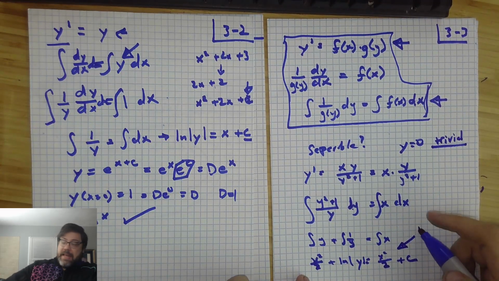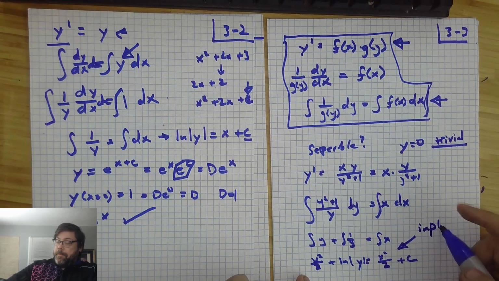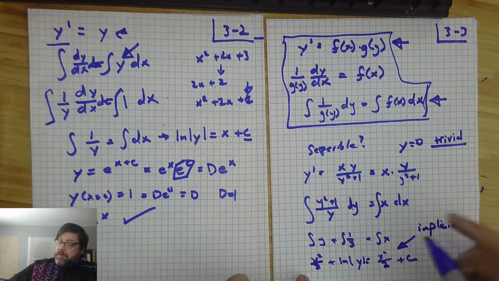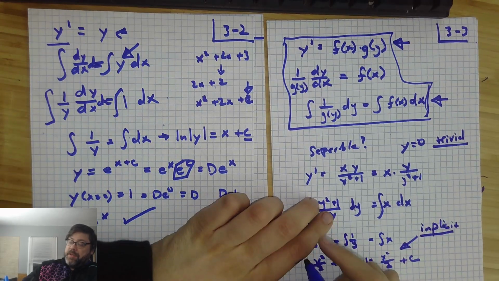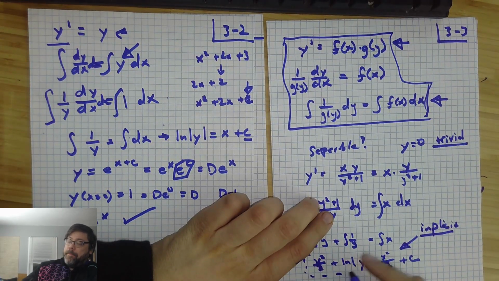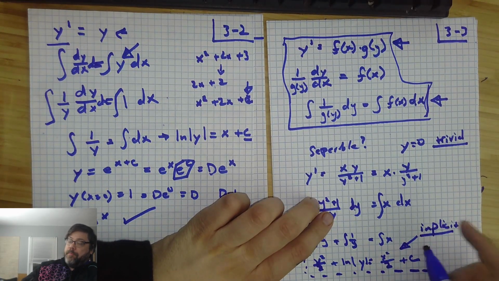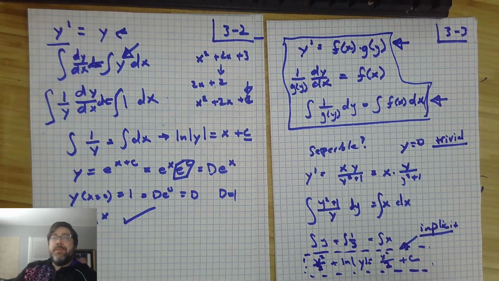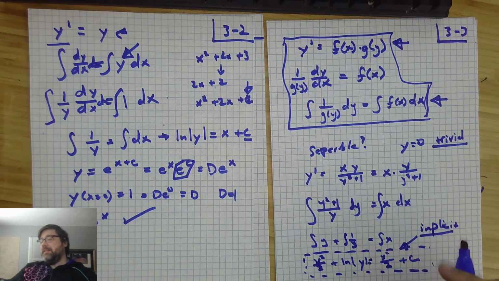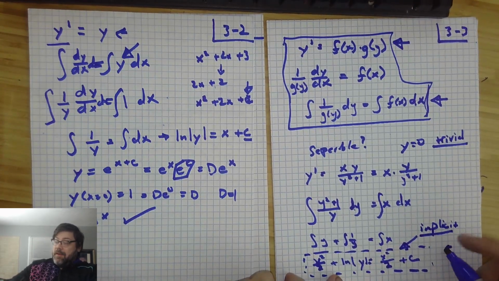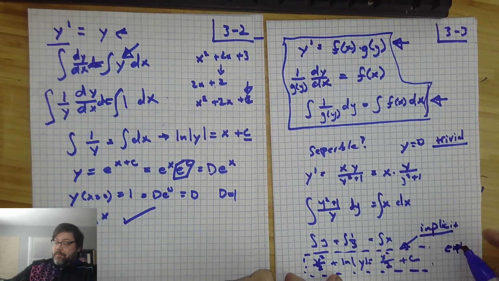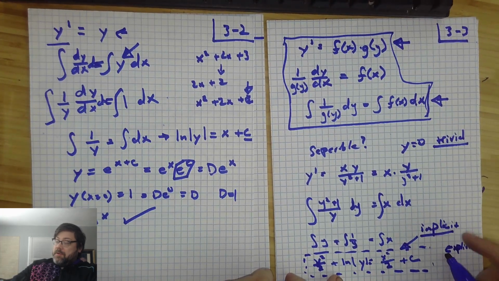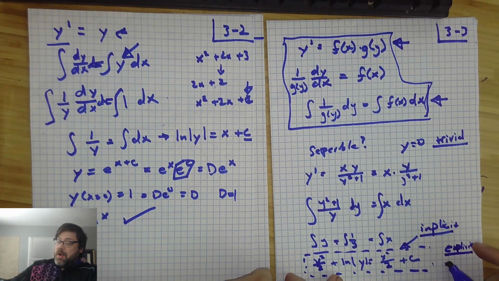There's also this kind of solution. This is an implicit solution, this guy here, because it tells us how y is related to x, but it doesn't explicitly tell us y equals some function of x.